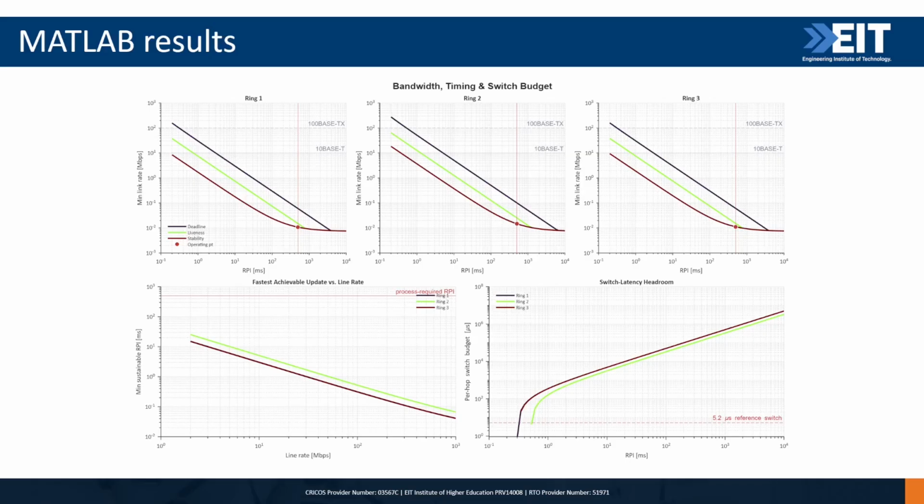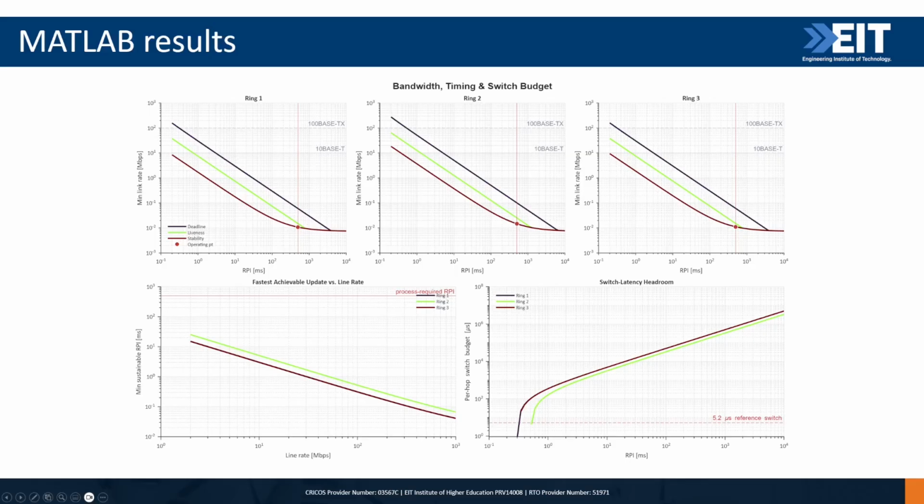With the process required RPI of 0.5 seconds, which was taken from the polling rate of HART, as shown with the red point there, all 3 rings were well within the link rate demand, and they only required a demand of 0.01 megabits per second, which was super low. As mentioned, as we further expand more systems onto the rings, it will require more link rate, but this will not be a super demanding result.